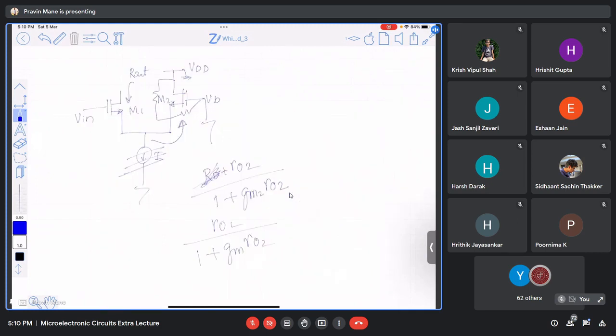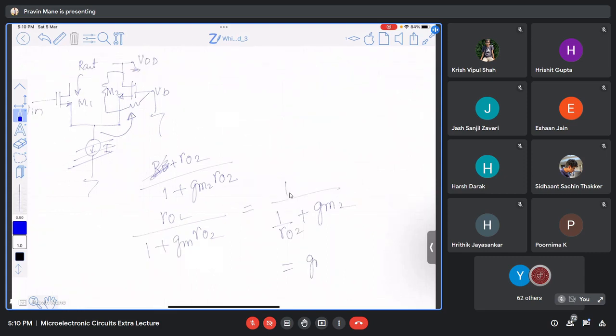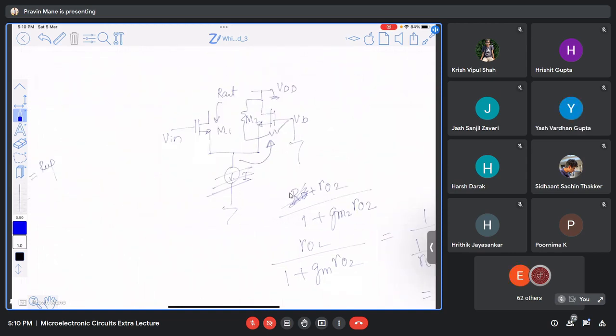And if I take RO2 down, 1 upon 1 by RO2 plus GM2. Is it 1 by GM2 parallel RO2? Right or not? So the impedance offered by the whole of this circuit is 1 by GM2 parallel RO2.